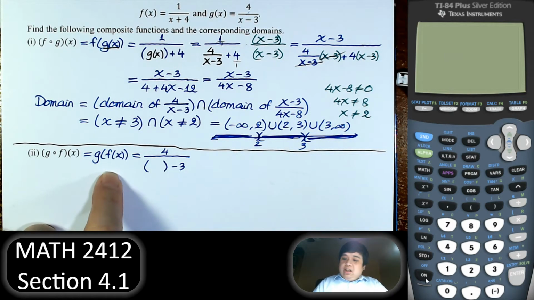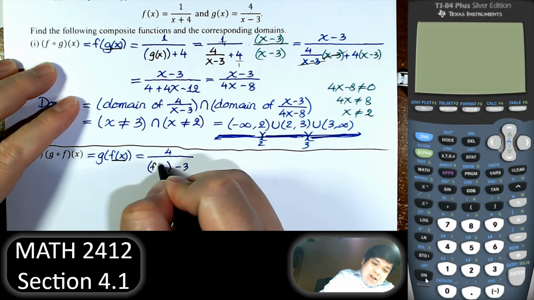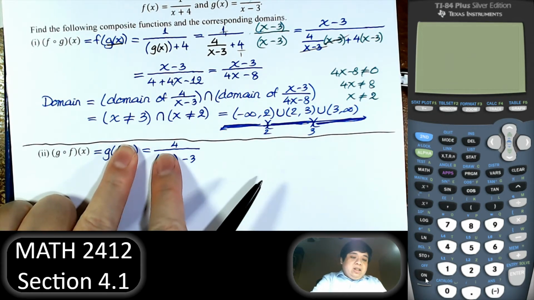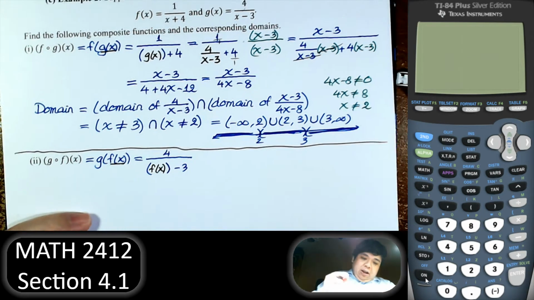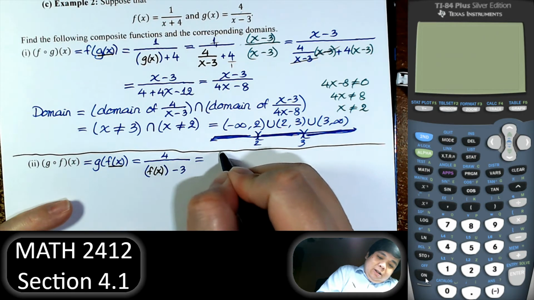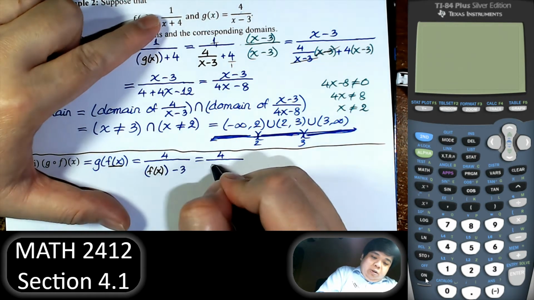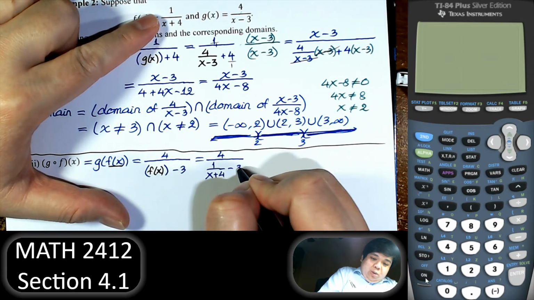Now inside of that is f of x. So here we can put f of x in here. Doesn't matter what inside, but they have to be the same. So we have 4 over f of x, which is 1 over x plus 4, minus 3.